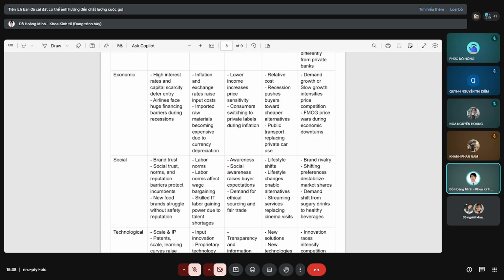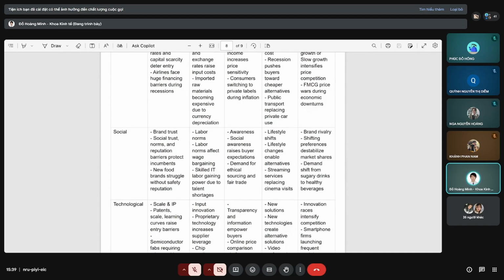For example, rather than going to the cinema, the customer can subscribe to some platform, because their preference changed from offline to online, from DVD to streaming. And finally, social factors can influence the competition between competitors.